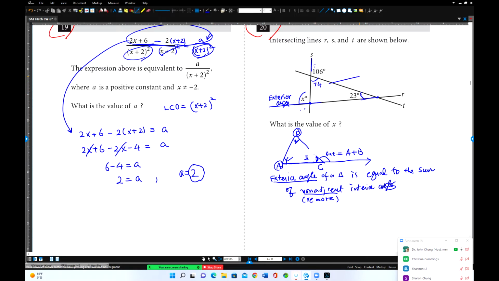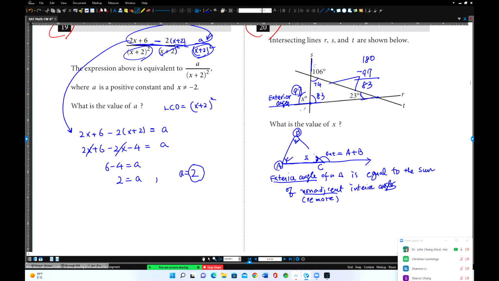You can add these two to get 97. Or take 180 minus 97, which is 83, so this angle is 83. After that, take this 83 from 180, and it's still 97. You can solve it this way too.